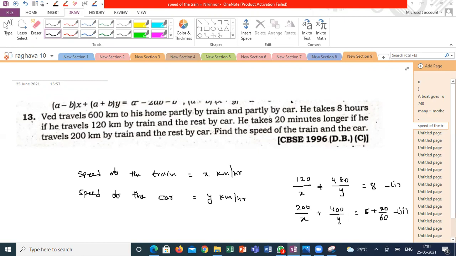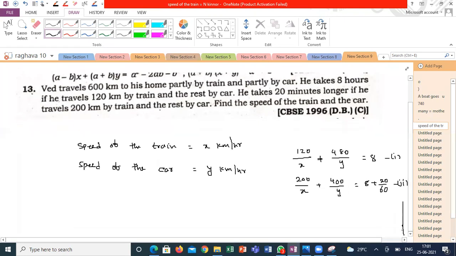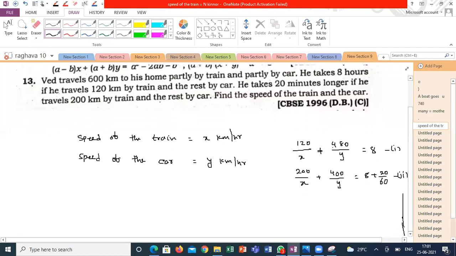What are the simplest forms of the equations?